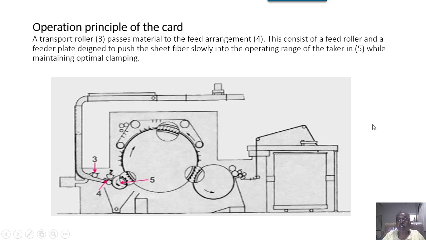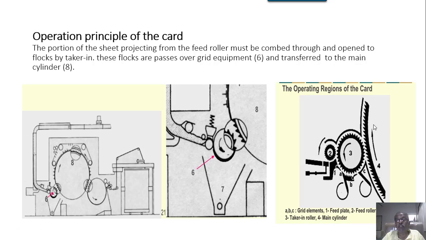So this is what we can see through this diagram. Now, the operation of feed: the regions of our prime interest, what regions are there, and how they play their role here.